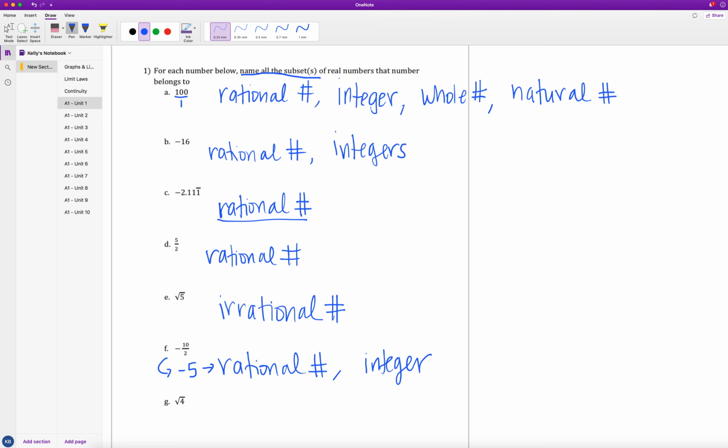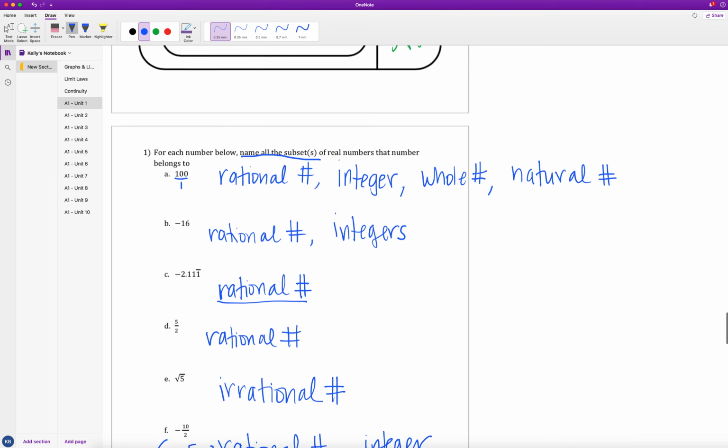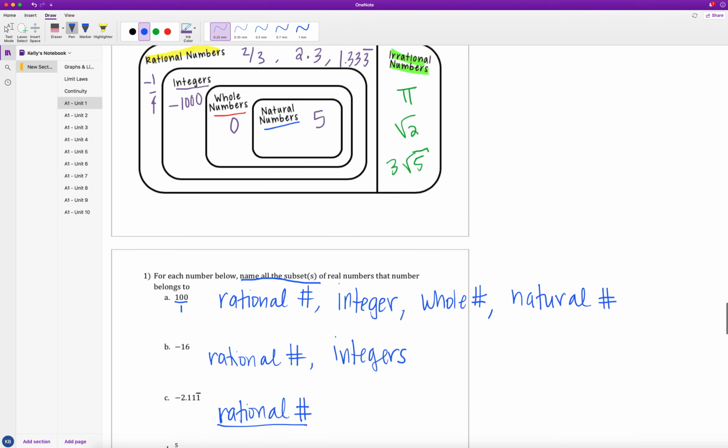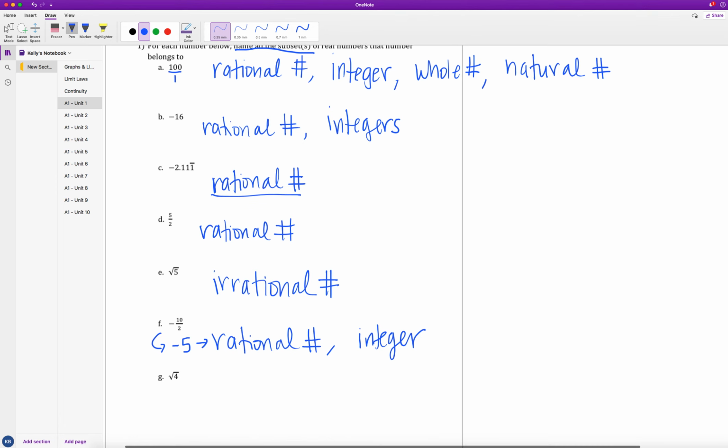Unlike the 5 halves, which I couldn't simplify, I could simplify negative 10 over 2 to a single negative counting number, so I also get an integer. The next step inside of an integer would be a whole number, but whole numbers, remember, are 0 and all the positives, and because I have a negative, it is just going to be an integer.